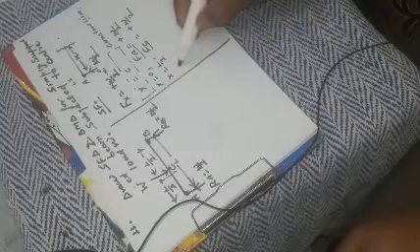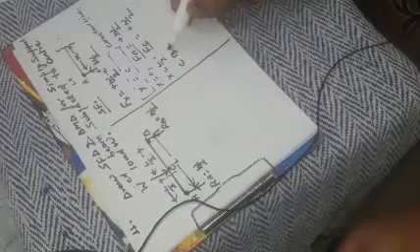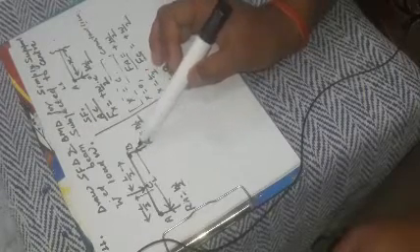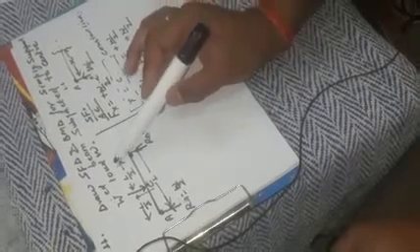Now come to next section. Next section is C to B, for segment CB. This is for AC. Now come to CB. When we are moving from C to B, right, the effect of these two forces is up to the point B. Not exactly at point B, it will be just left of B, right?